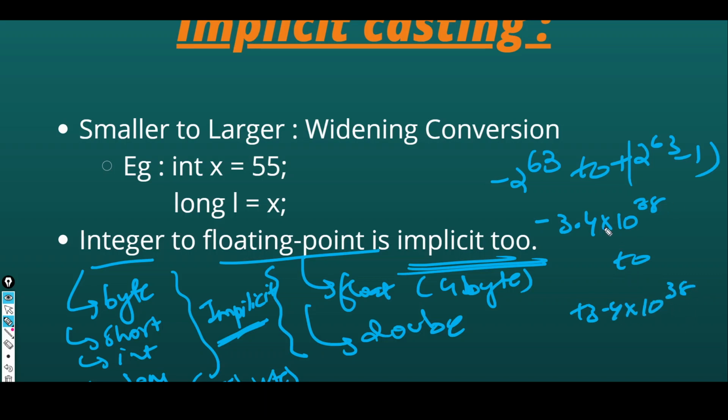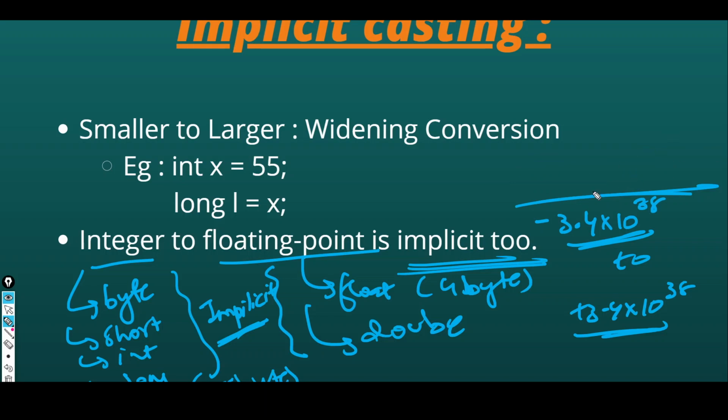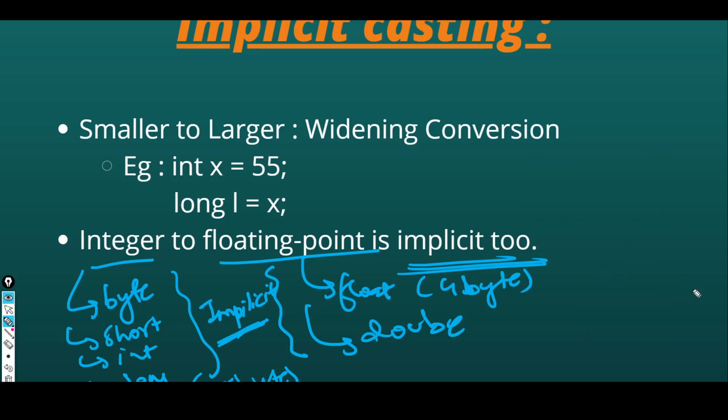So this value is much greater than this value. That's the reason why even if you cast long's value to float, it is referred to as implicit, because float can hold much more value than long can.